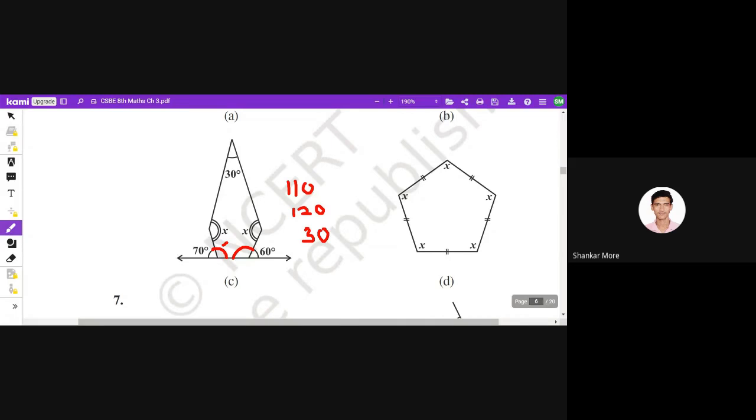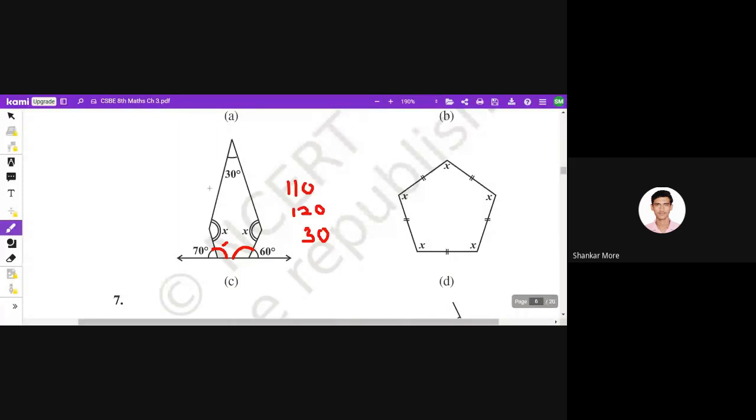Yeah, it's 540. So now what you have to do is write it like 110 plus 120 plus 30 plus 2x is 540, and then find the value of x, right? 110 plus 120 plus 30 plus 2x is equal to 540. So x equals 140.